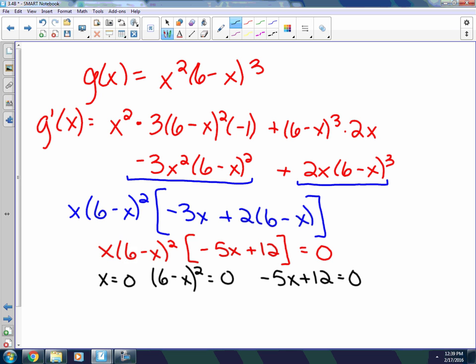Square root this, so you're square rooting 0 and adding x. X equals 6 is another critical number. And then here I'm going to subtract 12 and divide by -5. So x equals 12 fifths is another one.